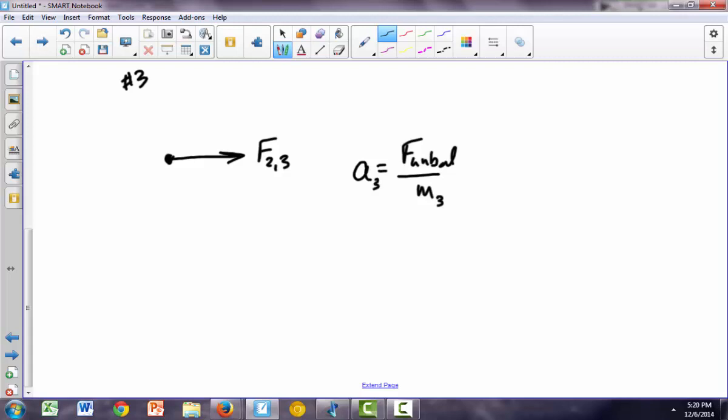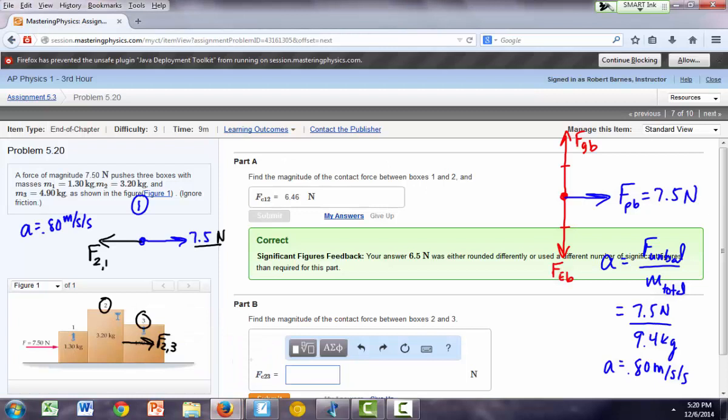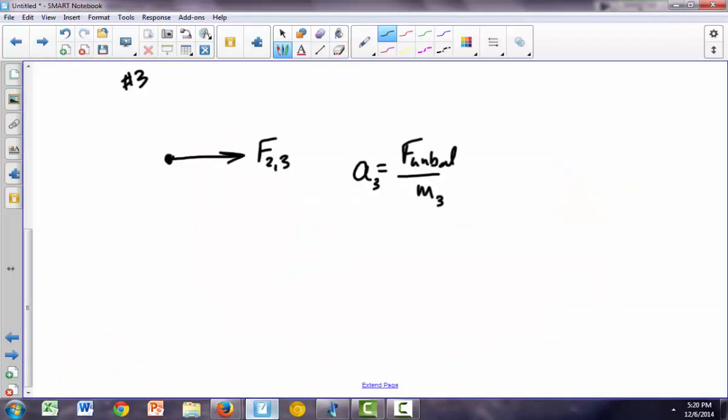Acceleration of box 3 is the same as the acceleration of the system, which the mass of box 3 is 4.9 kilograms. So this is going to be 4.9 kilograms in the denominator, 0.8 meters per second per second.